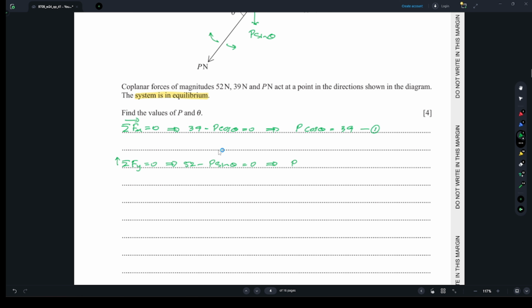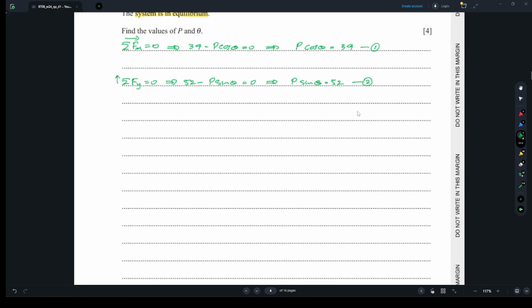Again I'm going to make P sine theta the subject: P sine theta equals 52. Equation 2. Now here you have two equations, and as you can see, if I divide these two equations, we can cancel out P, and then we can create tan theta. So what I'm going to do here is divide equation 2 by 1.